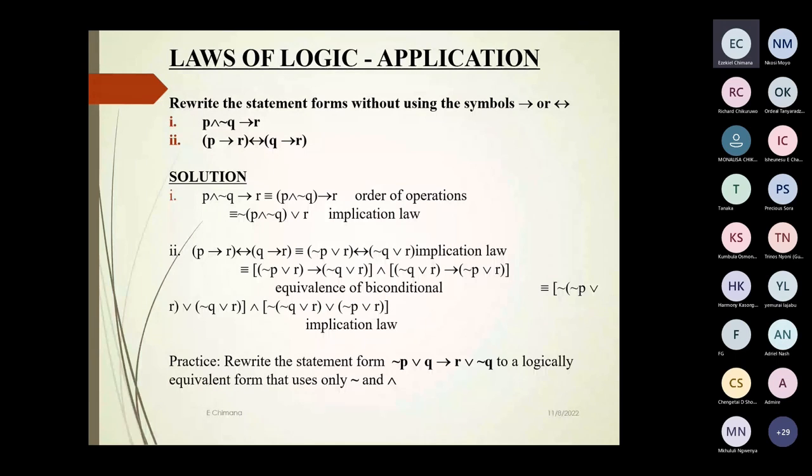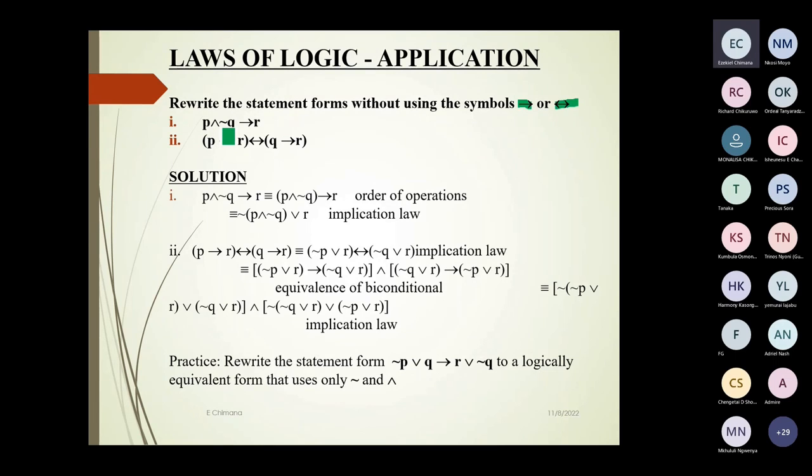So here is the application of the laws of logic. Here I'm going to show you how you are going to apply them. If you are being asked to rewrite the statement forms without using the symbols, it implies this one, the if, then, and the if and only if, this part.